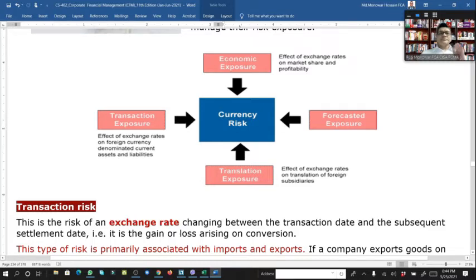Transaction risk is the effect of exchange rate on foreign currency denominated assets and liabilities. And translation risk is the effect of the exchange rate on translation of foreign subsidiary companies.